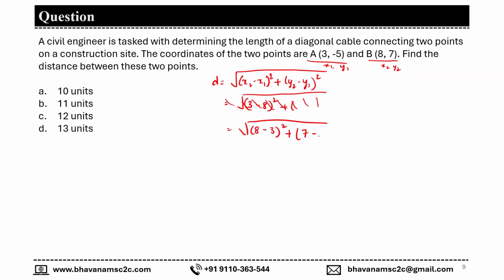So it's going to be minus of minus 5, which is plus 5. The answer is 13. Let's see.